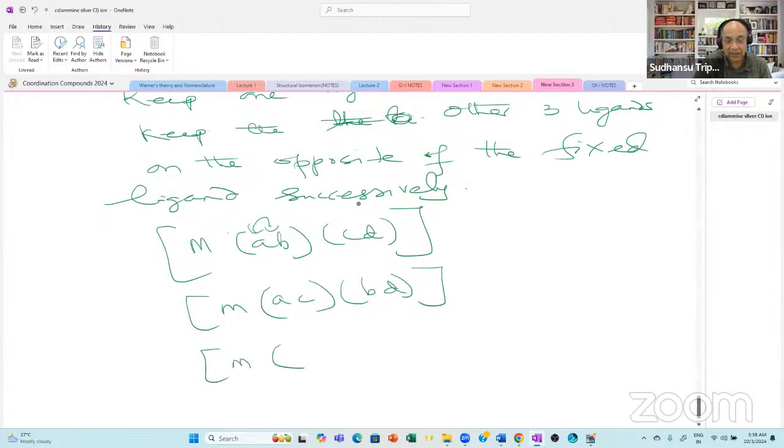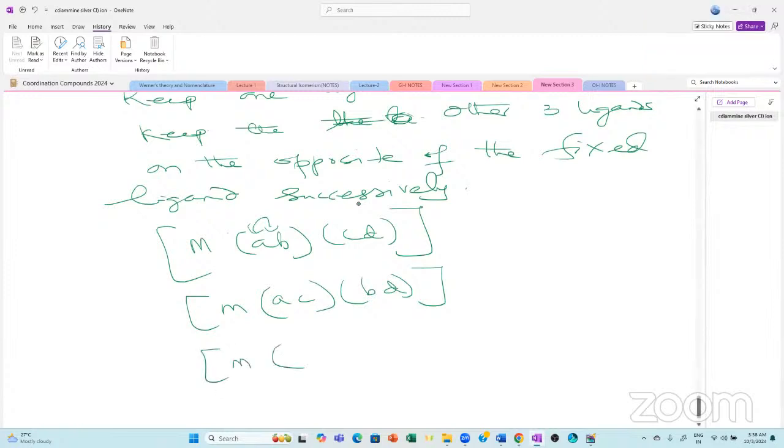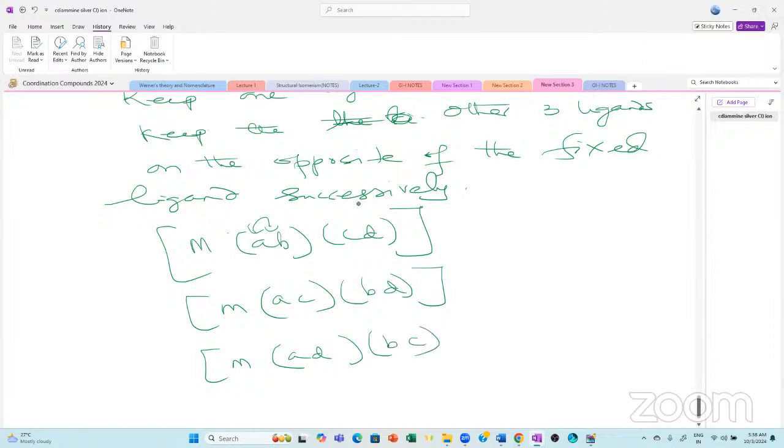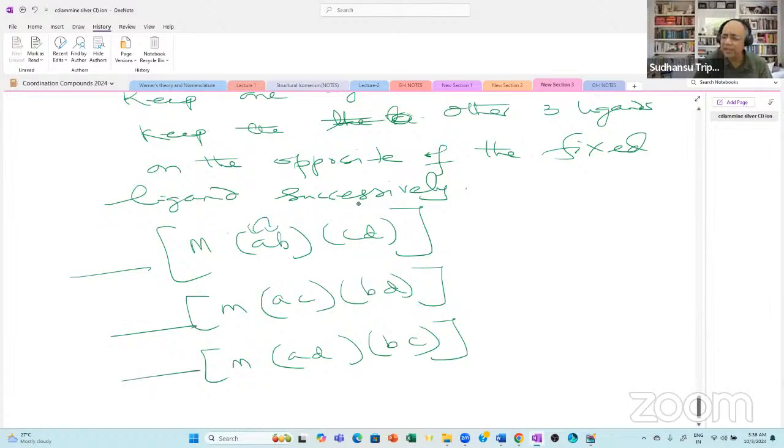A opposite to D, and what is left out? B is opposite to C. So other than these 3 possibilities, you will not get any fourth possibility.